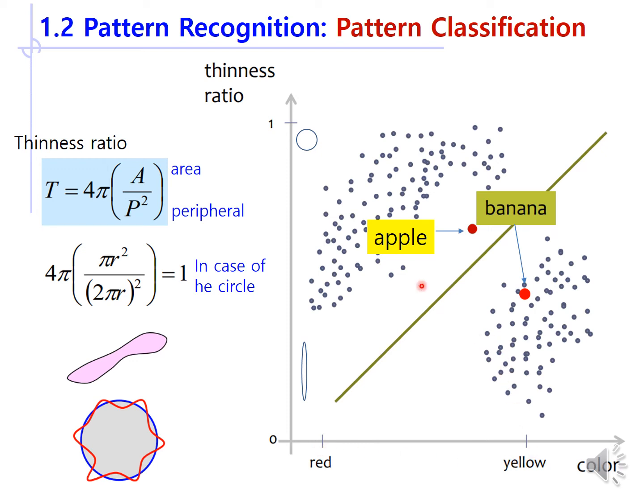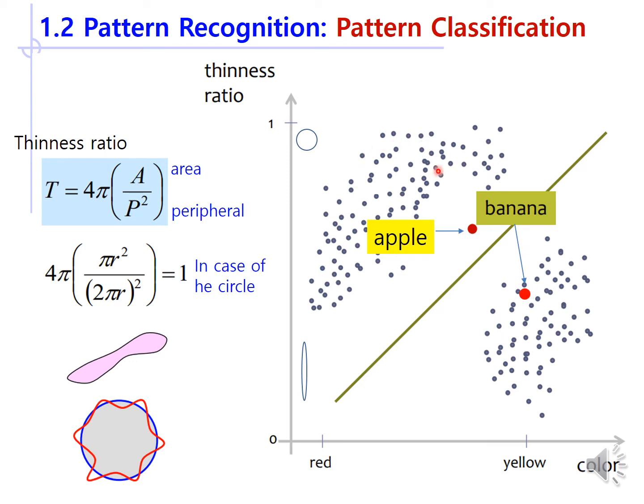The color becomes red and yellow. So there are two groups. By analyzing the input image, we can find two groups of objects. This area represents a red color and a round shape, and this group represents a yellow color and a long shape.